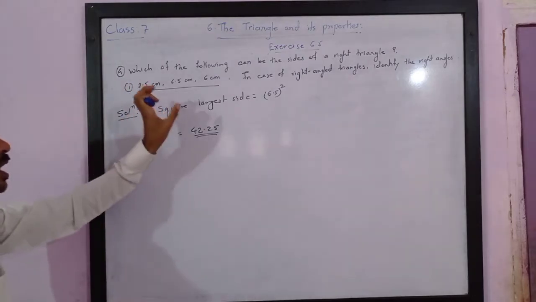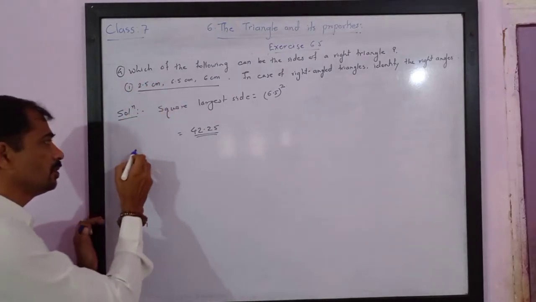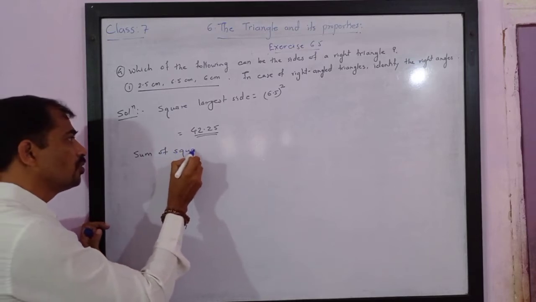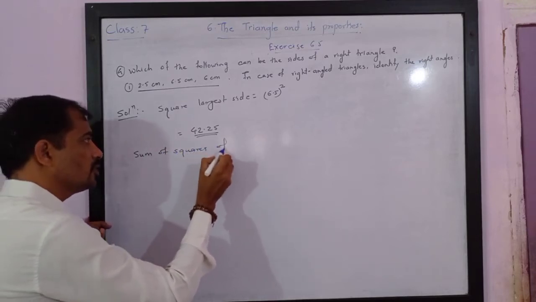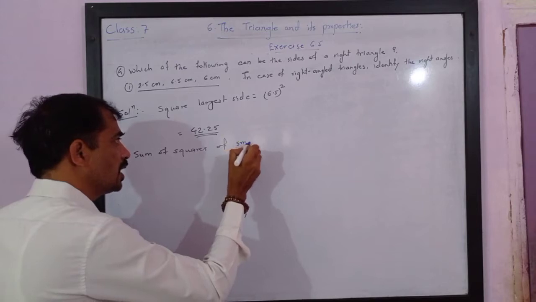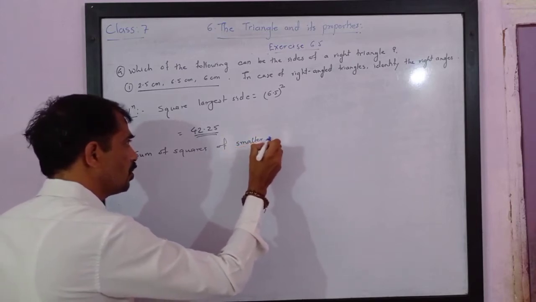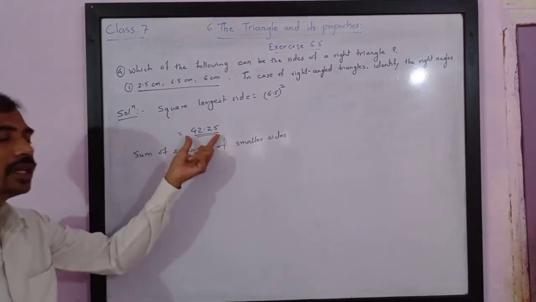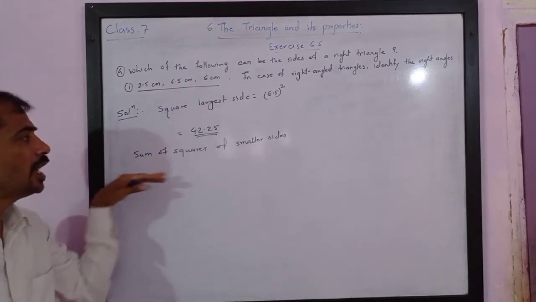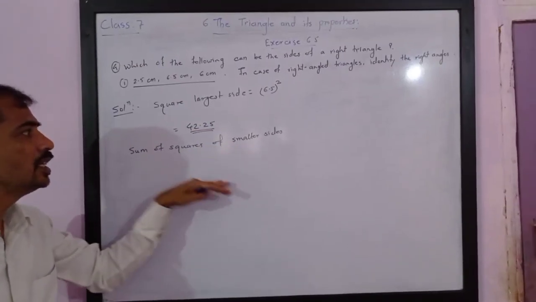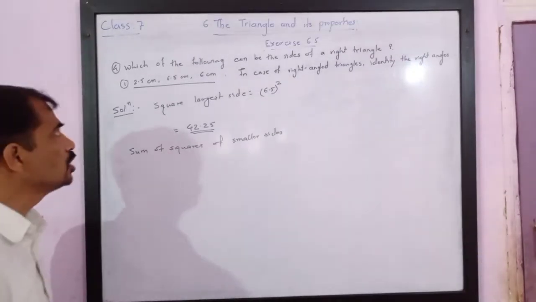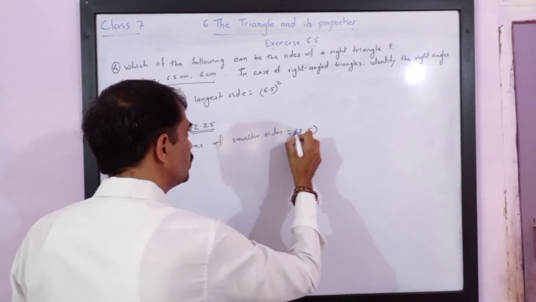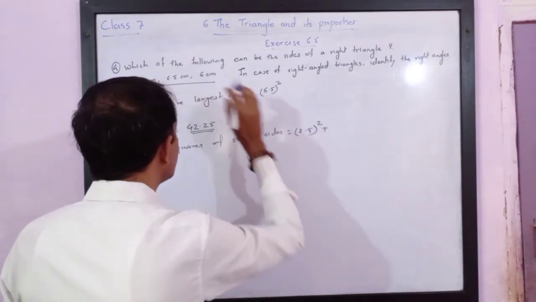Now let us check the sum of the squares of the remaining sides. Sum of squares of smaller sides. Please note hypotenuse is always bigger, so we take it separately, and the sum of squares of the smaller sides is taken separately. So this will be 2.5 square plus 6 square.